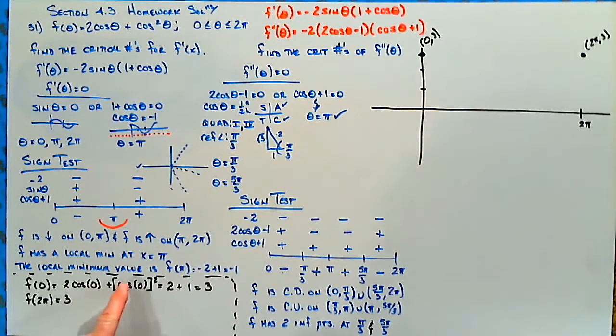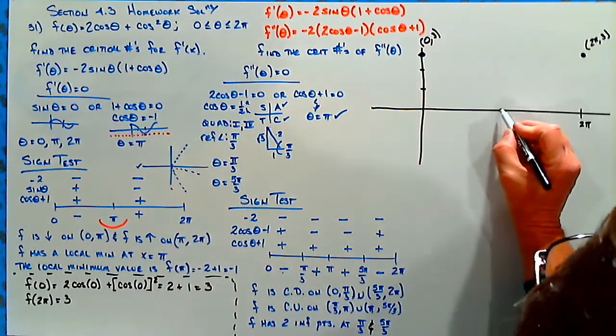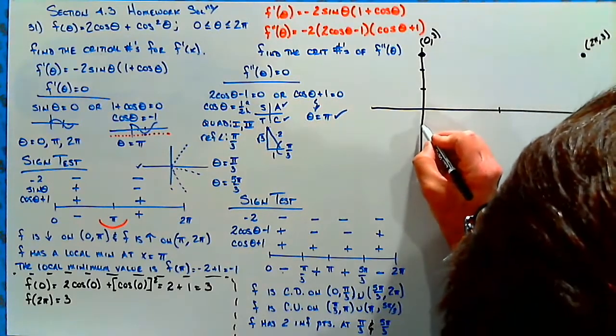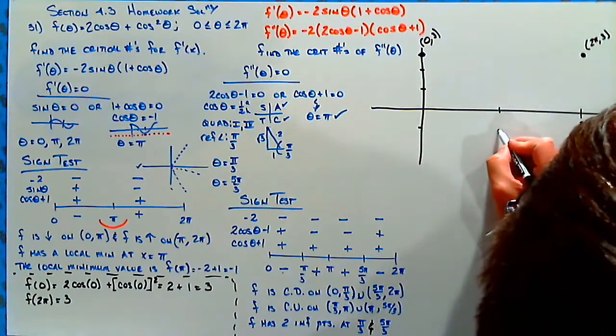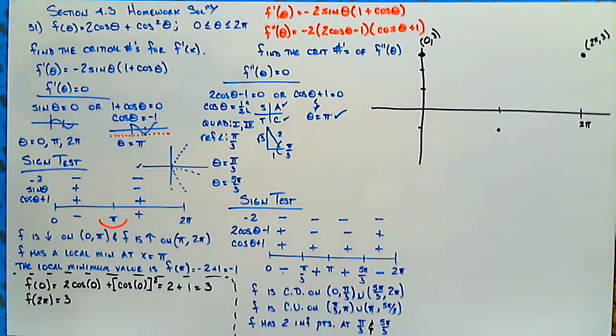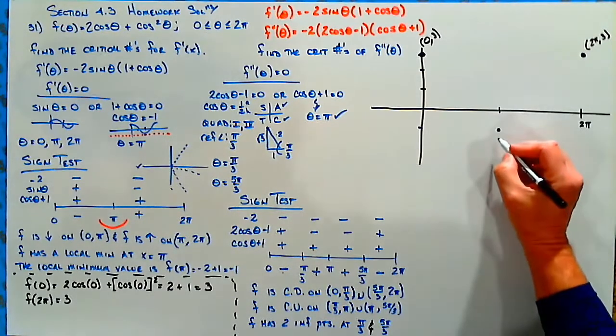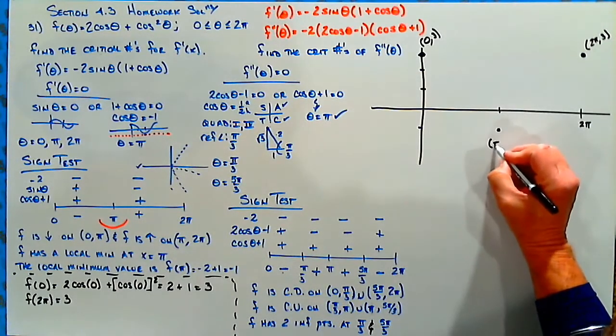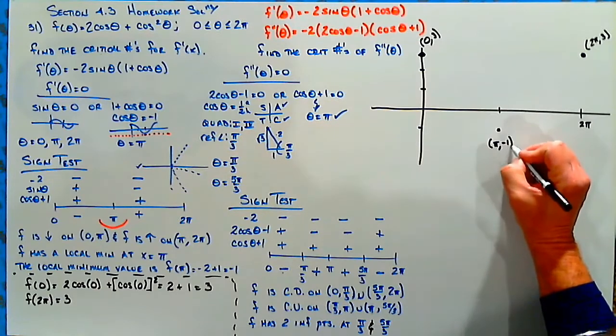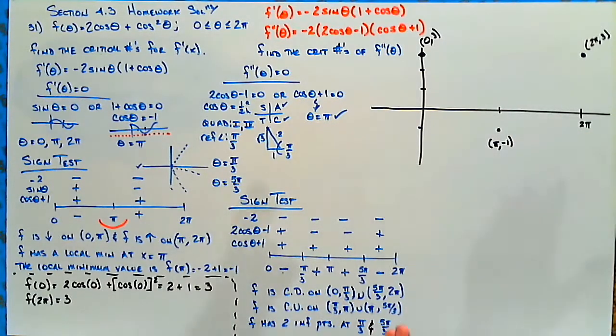Now we know we have a local minimum at pi, and our local minimum is -1. So at pi, we have a local min right here of -1. So this is pi, -1, and we know that's our local minimum. That's the smallest point in that interval.